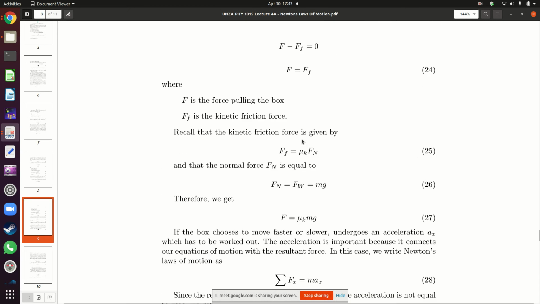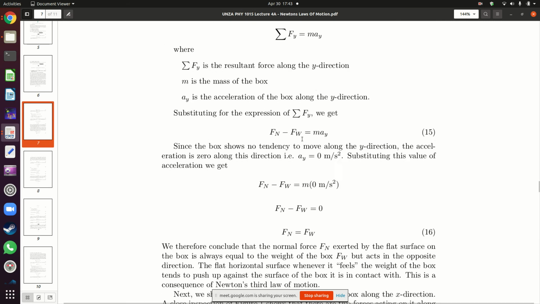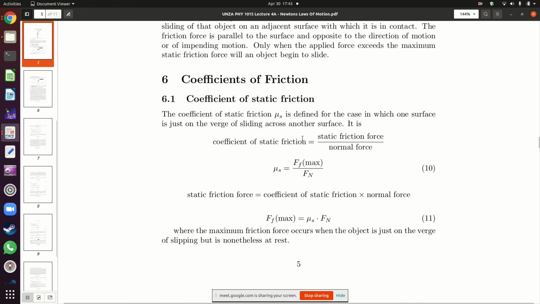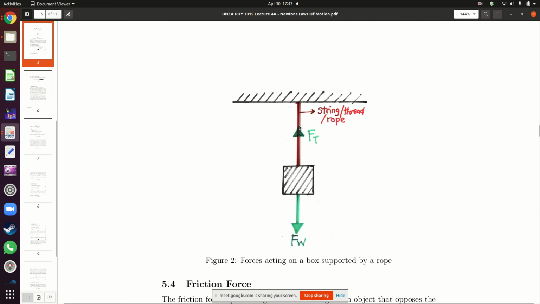And the choice is that if this thing was to get cut, if the rope was to tear, this box would move down. So naturally, without the tension, the box tends to move down.